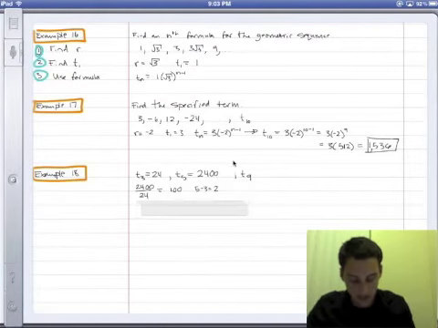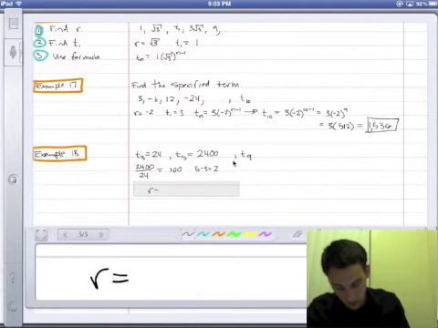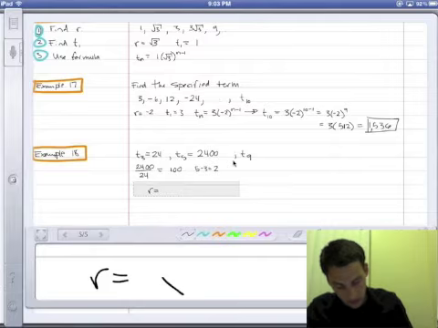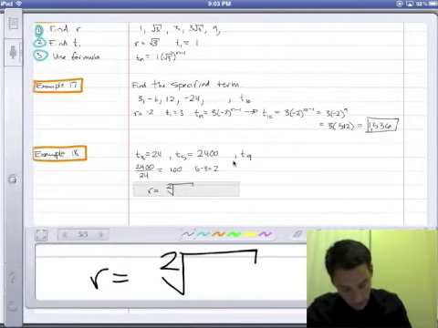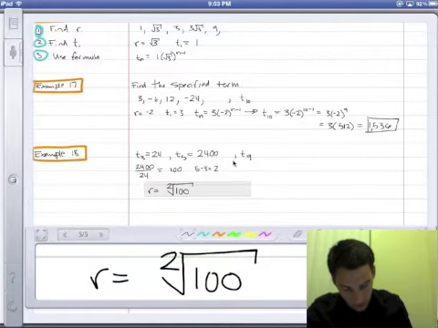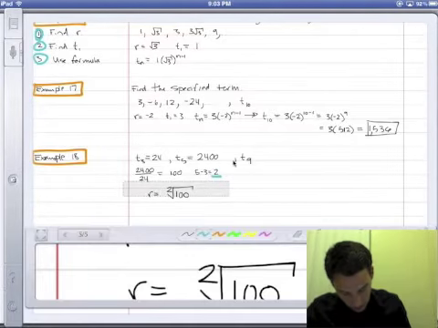And then the way I get r is by going r equals the square root of 100. This 2 right here goes here.